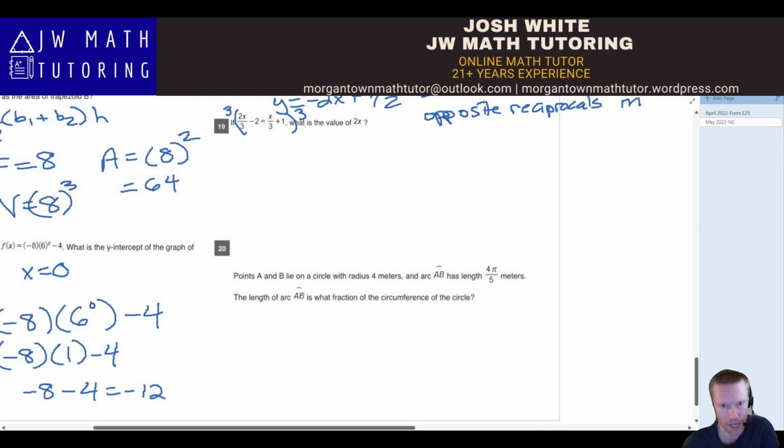So we get 2x and then 3 times -2, -6. On the right side, the 3's cancel, and we get just x, and then 3 times 1 is 3. Now we can solve this equation: subtract x on both sides, add 6 on both sides, x equals 9.